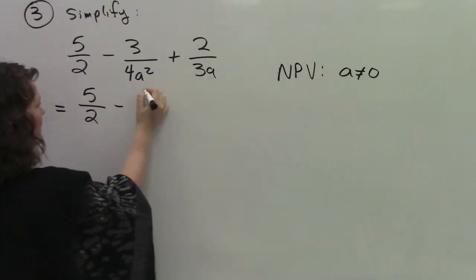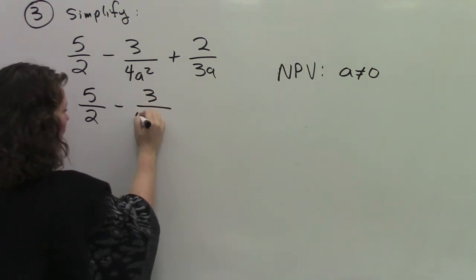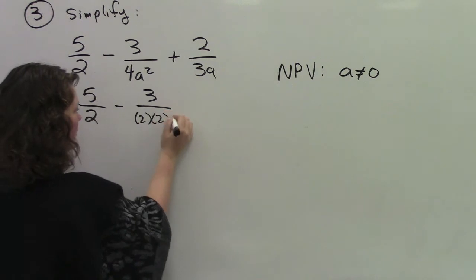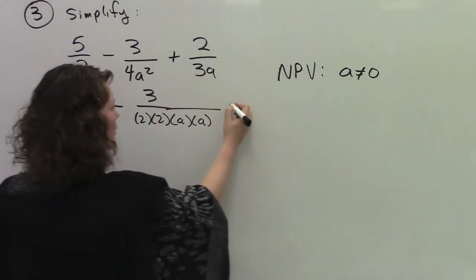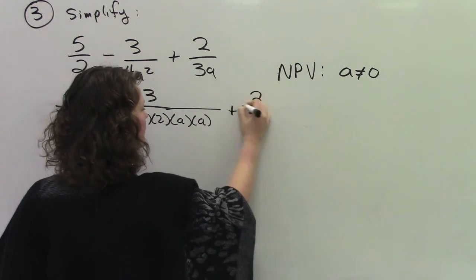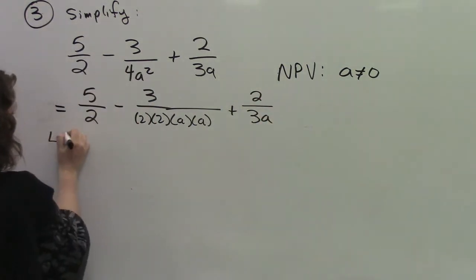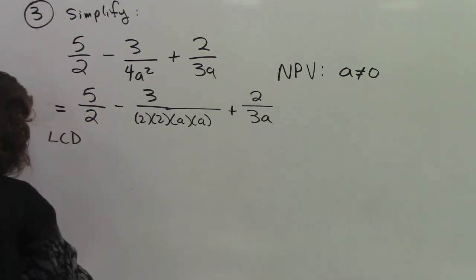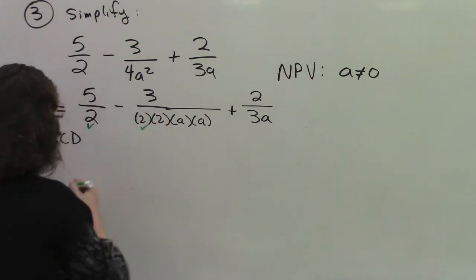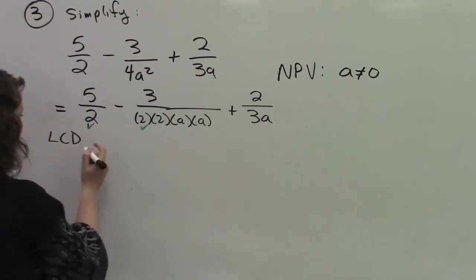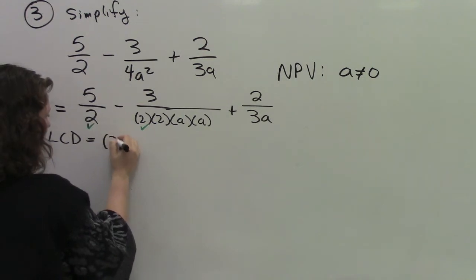So 5 over 2, minus 3 over 2 times 2 times a, plus 2 over 3 times a. So our lowest common denominator, it's no big thing. This 2 and this 2 match up, so we don't need to multiply again by it. So we have 2.